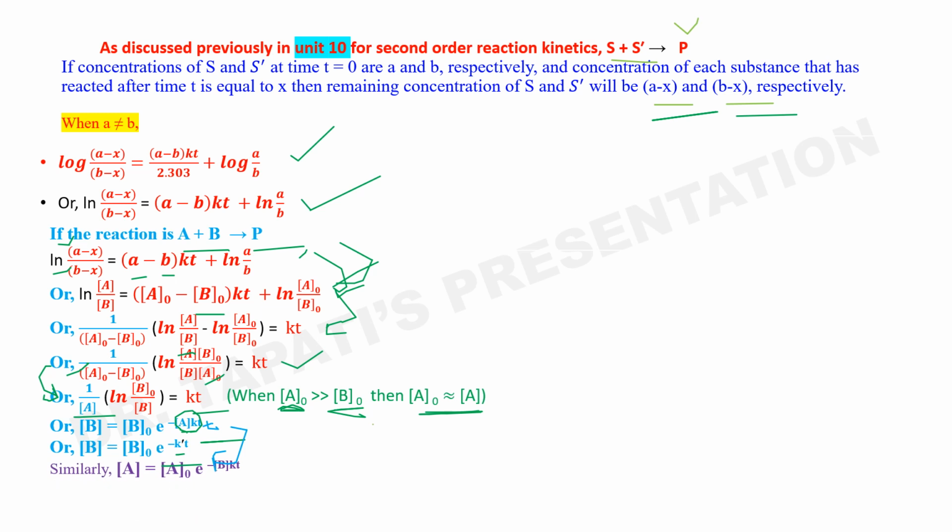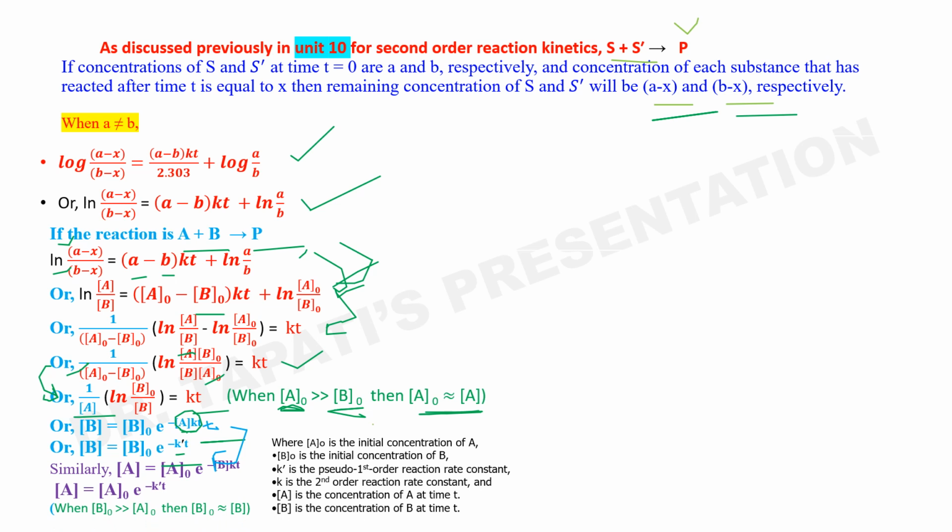Similarly, we can convert to A is equal to A0 e to the power minus KT, or A is equal to A0 e to the power minus K prime T, when B0 concentration is much higher than A0 concentration.